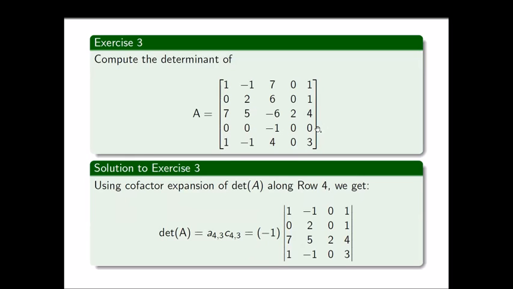So the sum is going to be very simple. Using cofactor expansion along row 4, we get A43 times C43, because all other terms in that sum are 0. So we just get minus 1 times the determinant of this 4 by 4 matrix that we get upon deleting the fourth row and the third column.